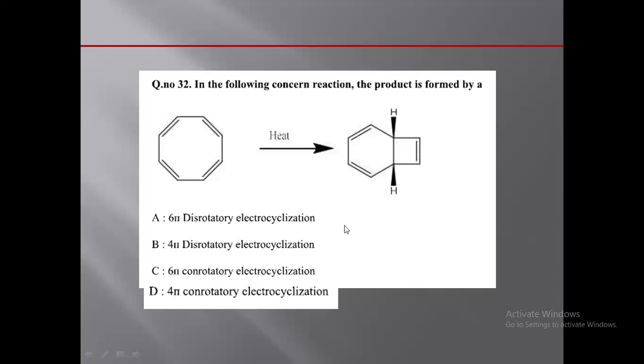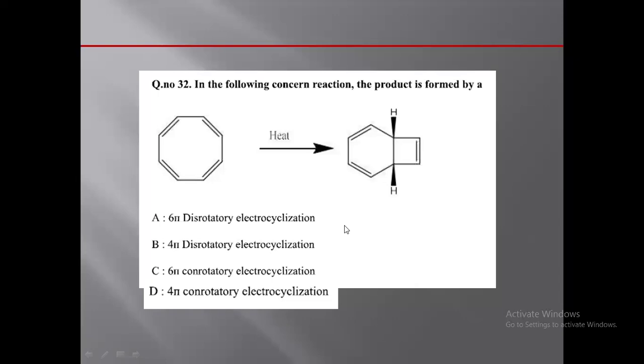So in that again we have to find out. See here what I am discussing first. If 4 pi electron, first you have to see the starting material and product. In the starting material only 2 pi bonds are taking part in the reaction. Means this is a 4 pi electron. Yes, 4 pi electrons, and here the condition given is thermal condition.